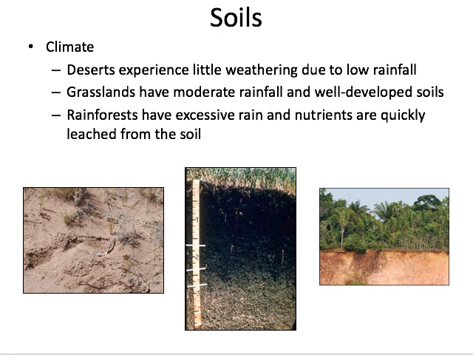Rainforests actually get too much water. There's so much rain in rainforests that it actually flushes a lot of nutrients out of the soil. We end up having a nice top layer of soil in a rainforest and then very nutrient-poor soils deep underneath. Therefore, lots of rainforest plants have relatively shallow roots that allows them to maximize nutrient absorption.